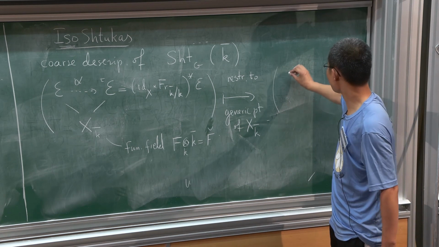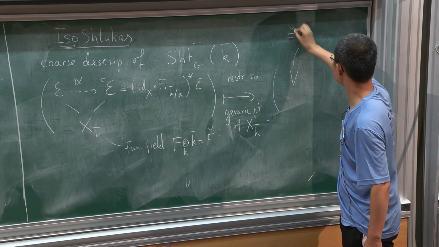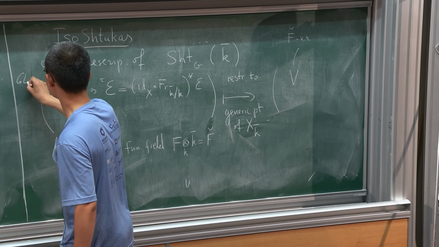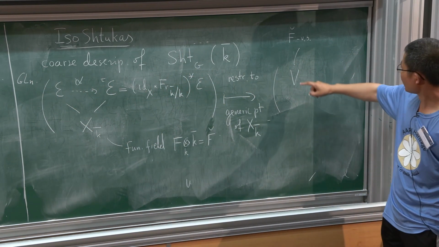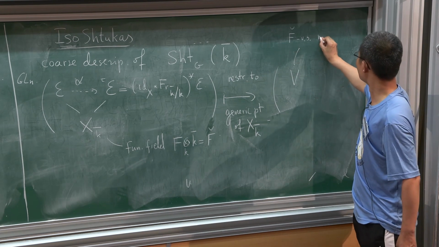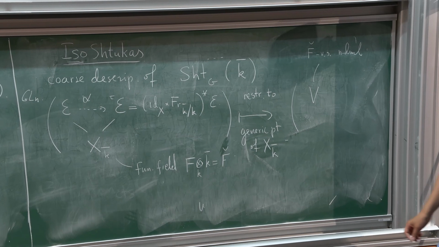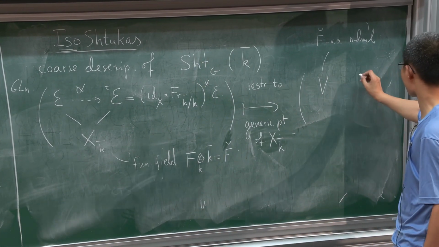So we get a vector space V. This is an F-breve vector space. Suppose we're talking about GLN. Okay, so these are rank n bundles. Then we get an n-dimensional F-breve vector space and a Frobenius twisted linear map.